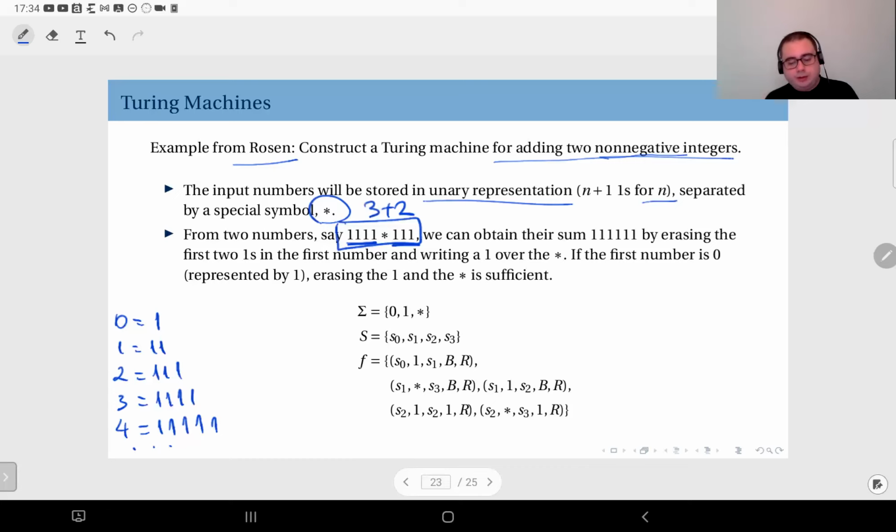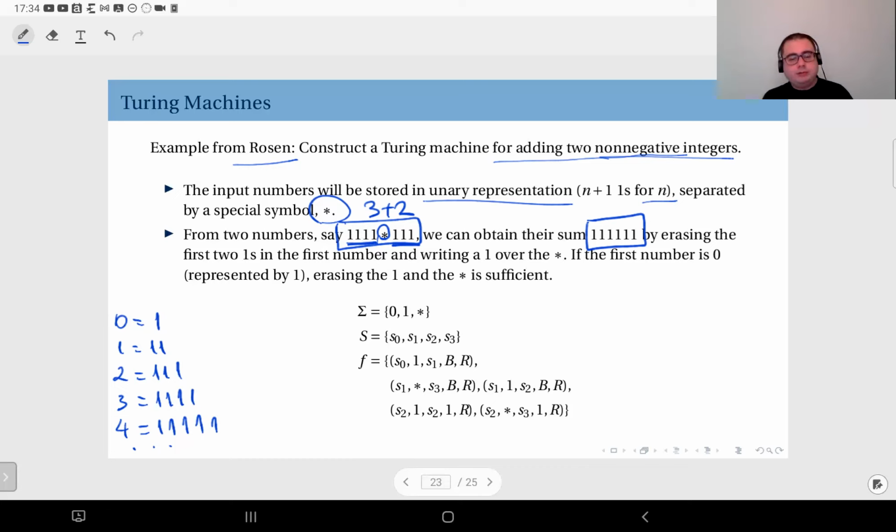So I need a result of 5, and that will be this number, 6 ones, because in unary, that's the number representing 5. Now, how do I do that? I need to get rid of this separator asterisk in between, and I need to also reduce one of the ones, because I have one excess, as each number is represented by n plus 1 ones.